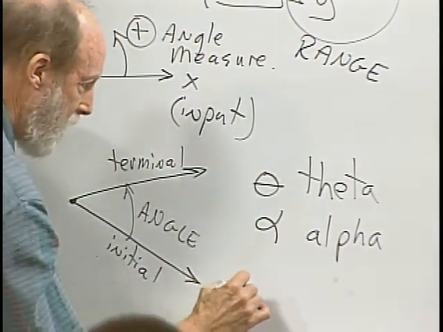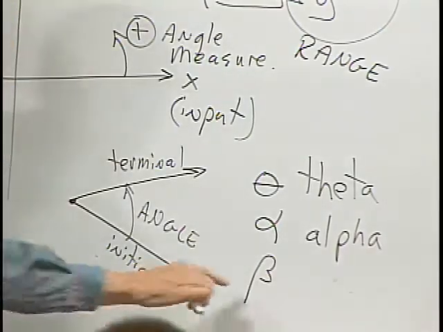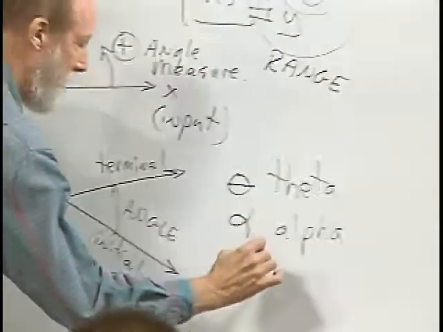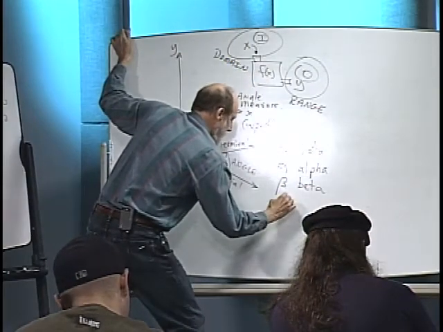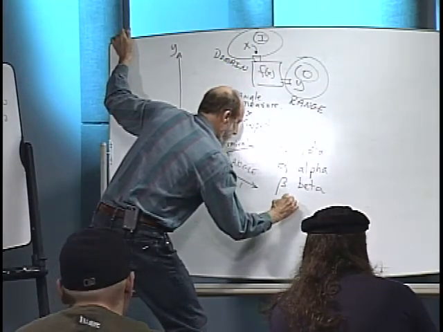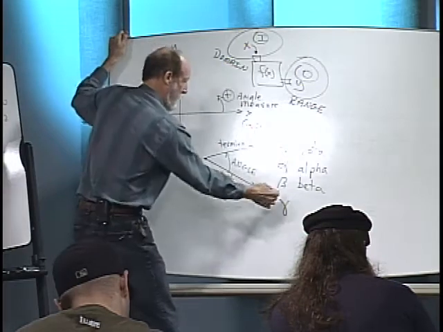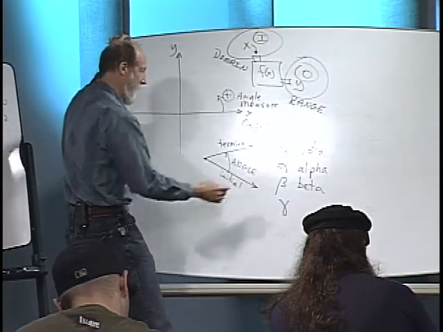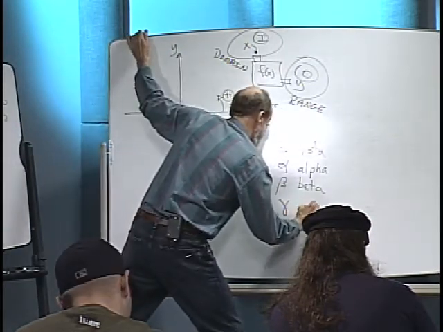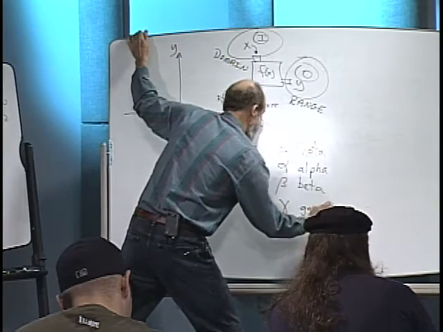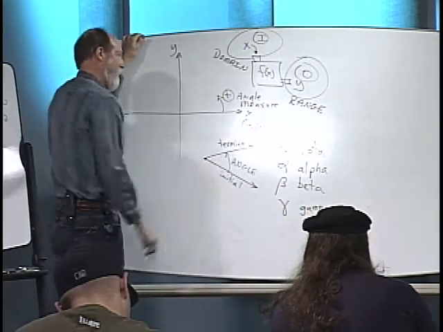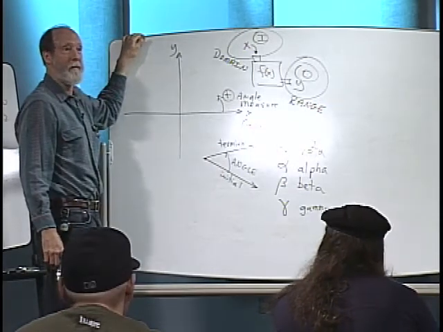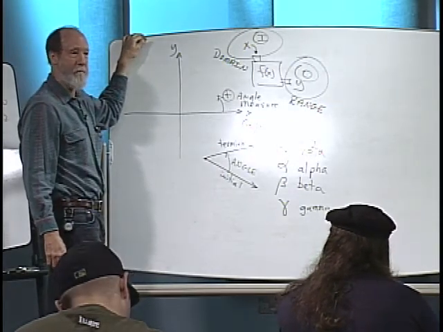If I make the letter looking like a bee with a tail on it, that's called beta. And if I make something looking like a fish swimming straight downward, usually a little taller and skinnier, that's called gamma. Those are the ones we use most commonly to measure angles in trigonometry.